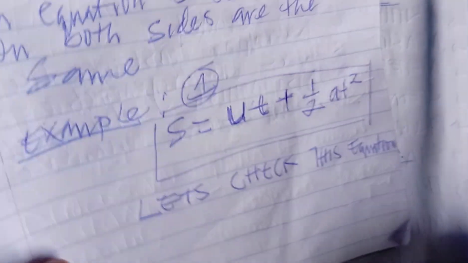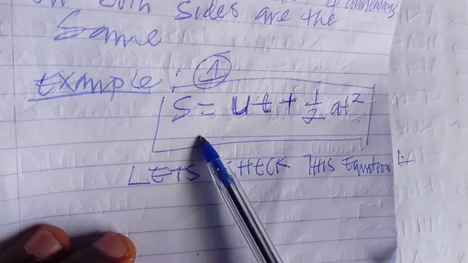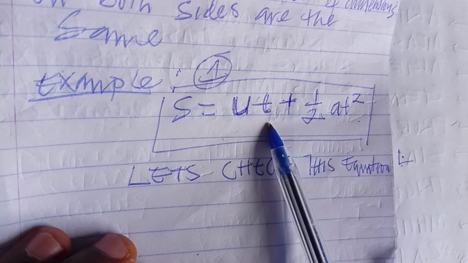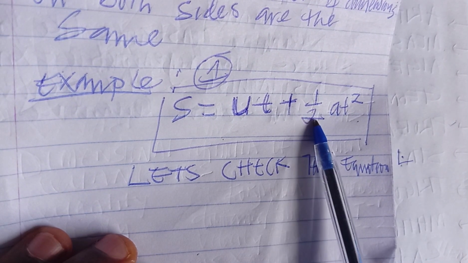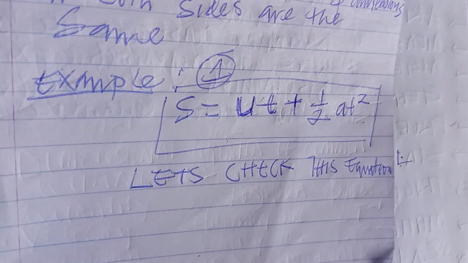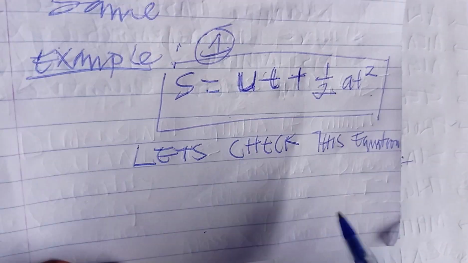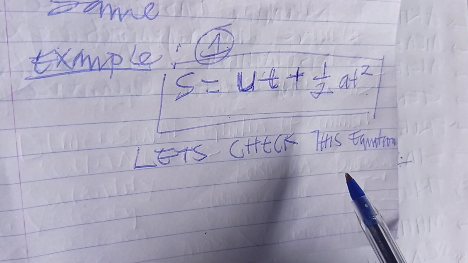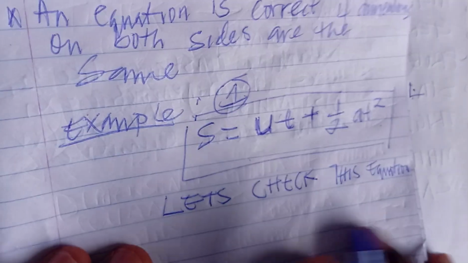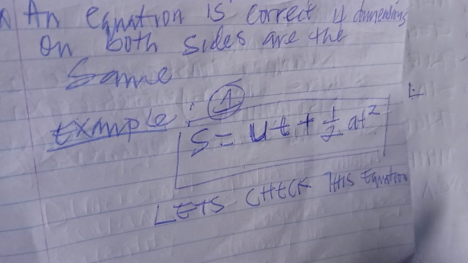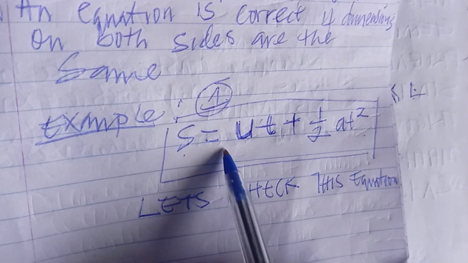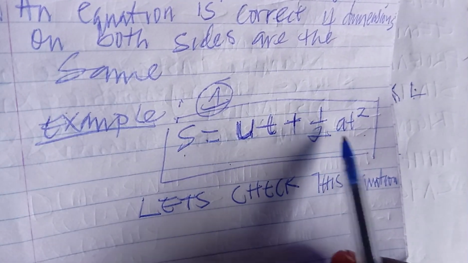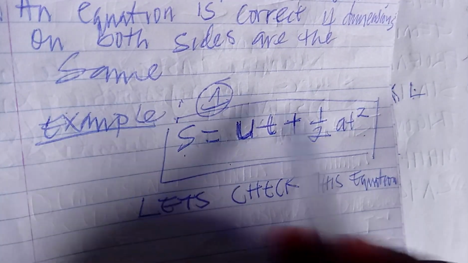Example 1. This is S equals UT plus half AT squared. Let us check whether this equation is correct. This is the equation of motion.